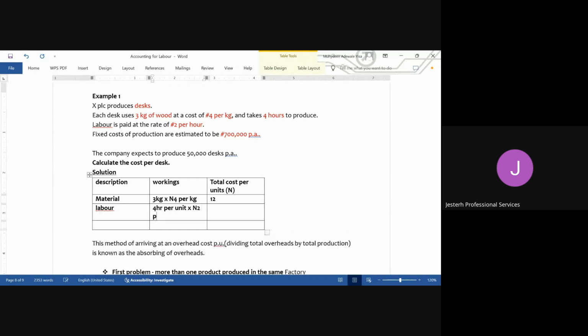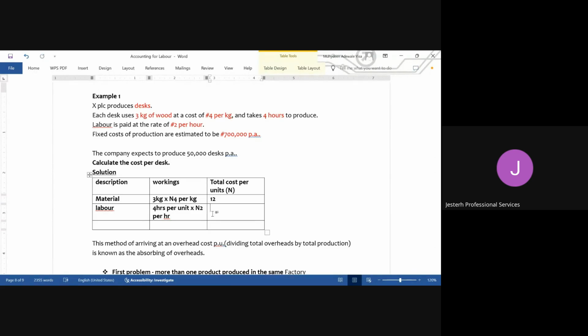2 naira per hour. So for labor to carry out these productions, they will be paying 2 naira per hour, and we have 4 hours to produce each unit.